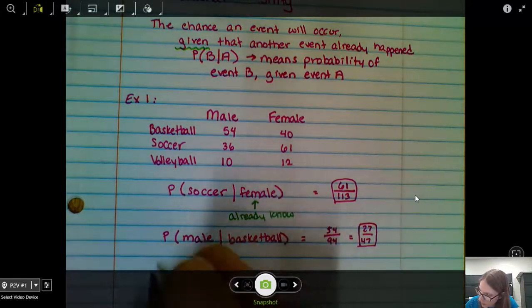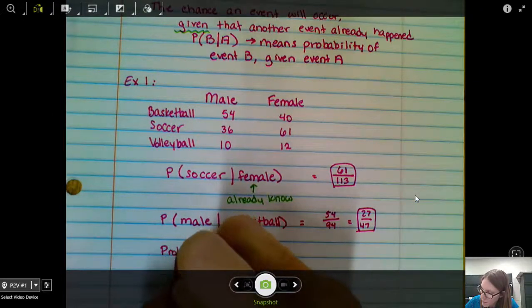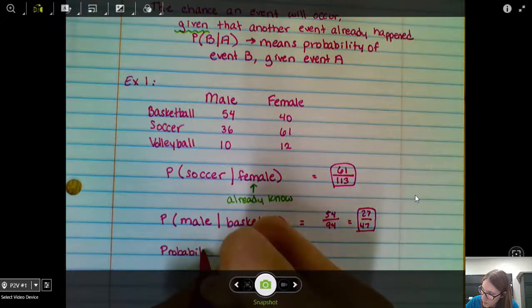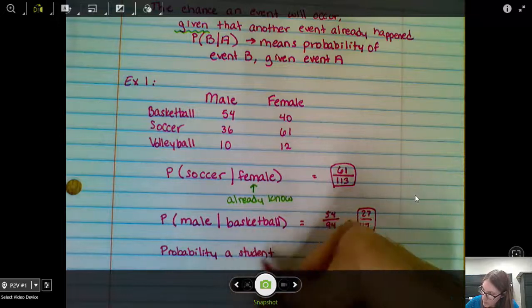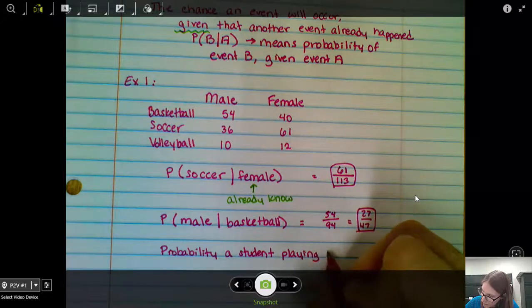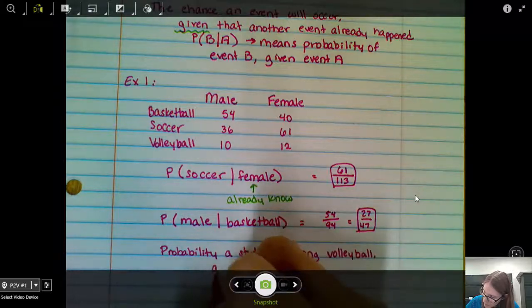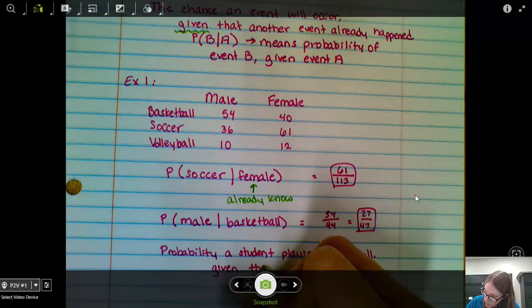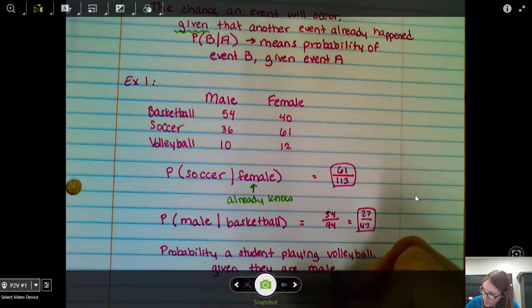One more question here. The probability of a student playing volleyball, given they are male.